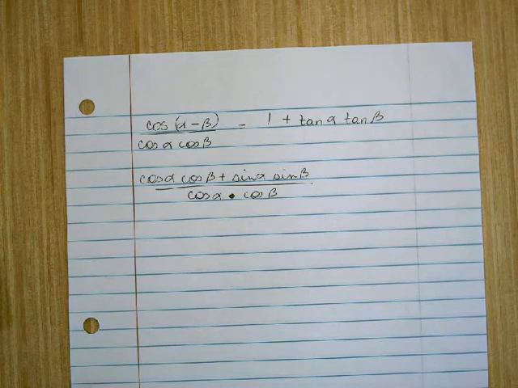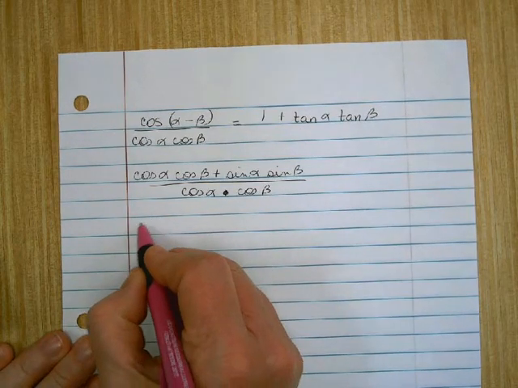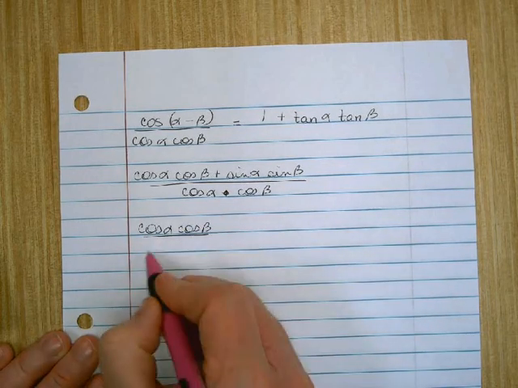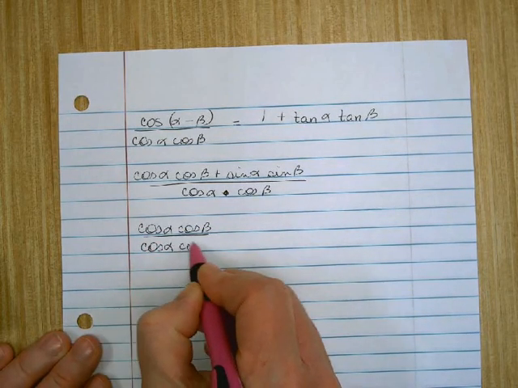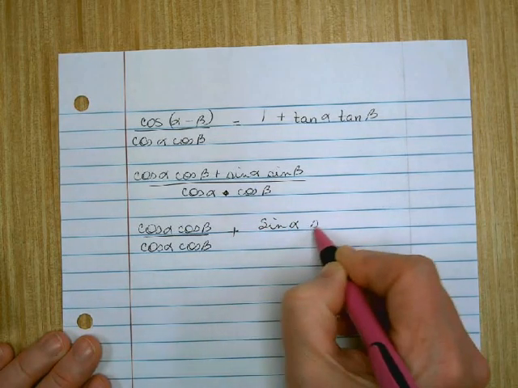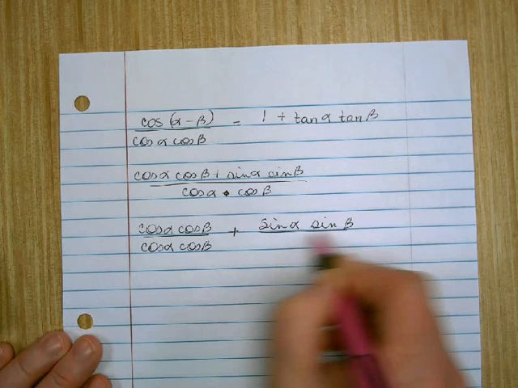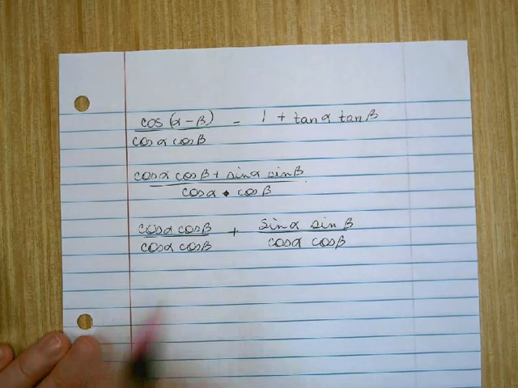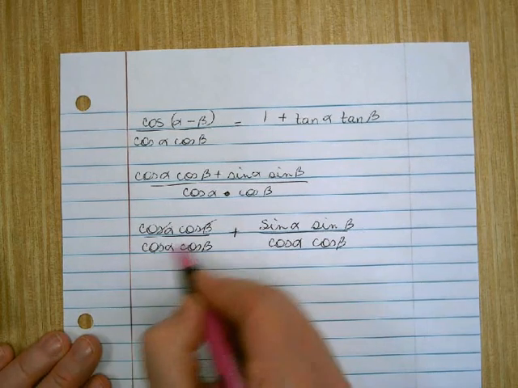We will break this into two fractions. This is cosine alpha cosine beta over cosine alpha cosine beta plus sine alpha sine beta over cosine alpha cosine beta. The first fraction simplifies to 1.